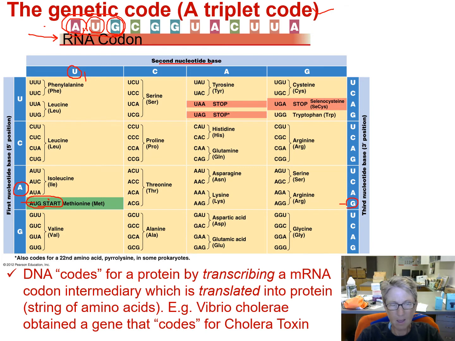So DNA codes for a protein by transcribing a messenger RNA codon. This whole thing is a messenger RNA codon intermediary, which is translated into a protein. Protein is a string of amino acids. So for example, a Vibrio cholerae obtained a gene that codes for cholera toxin that makes us sick.